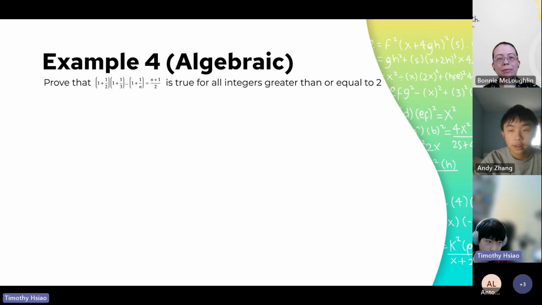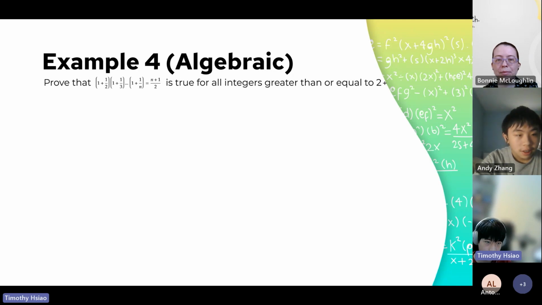So this is another example, which is an algebraic example. Prove that (1 + 1/2)(1 + 1/3)...(1 + 1/n) = (n + 1)/2 is true for all integers greater than or equal to 2.